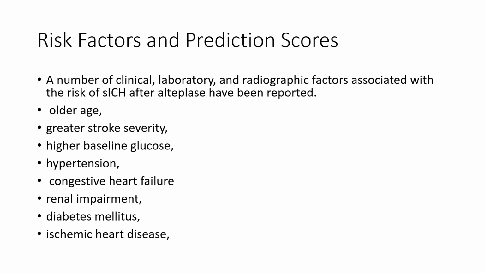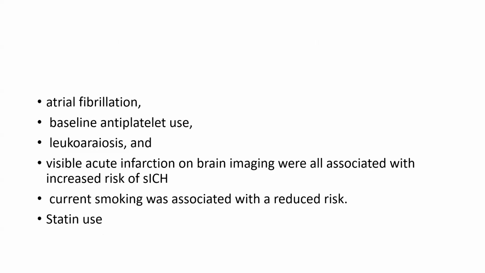A number of clinical, lab, and radiographic factors associated with the risk of ICH after Alteplase have been reported, and they are older age, greater stroke severity, higher baseline glucose, hypertension, congestive heart failure, renal impairment, diabetes mellitus, ischemic heart disease, then atrial fibrillation, baseline antiplatelet use, leukoaraiosis, visible acute infarction on brain imaging were all associated with the increased risk of this intracranial hemorrhage.